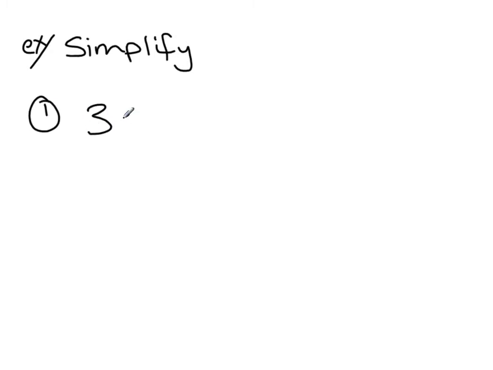Now what we're going to want to do is combine like terms. And maybe we'll say combine like terms, or we might use the vague word simplify. And it's kind of up to you to figure it out from there. So our first problem, we'll have 3A plus 6B minus 4A plus 17B.